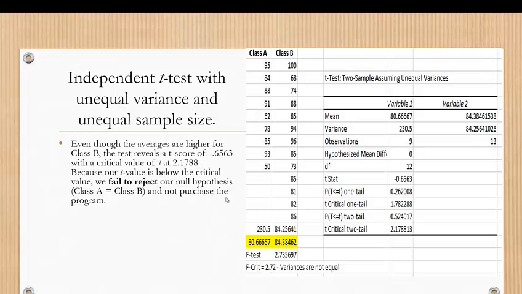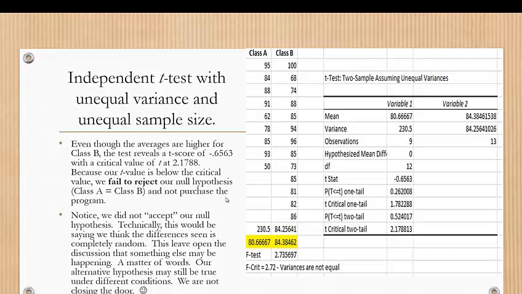So I told you that we need to start training ourselves to say fail to reject as opposed to accept. Notice we did not accept our null hypothesis. Technically, if we accepted our null hypothesis, what we would be saying is that the difference we saw is completely random.